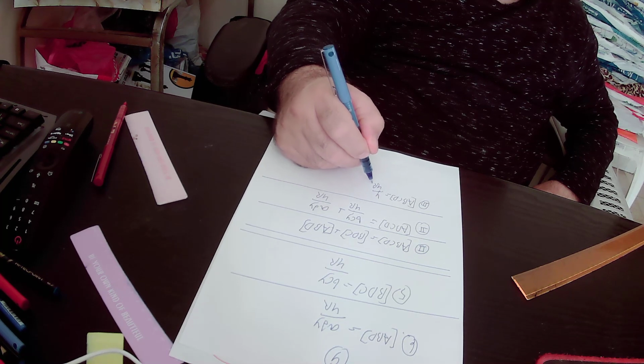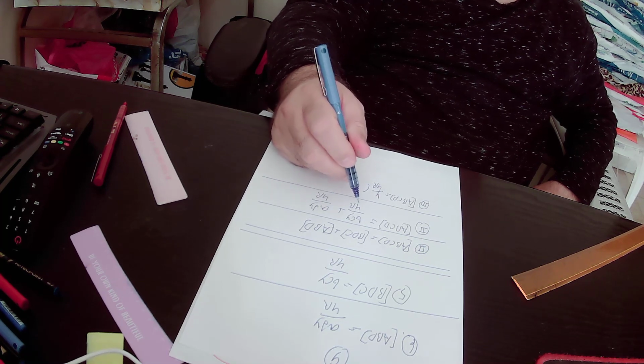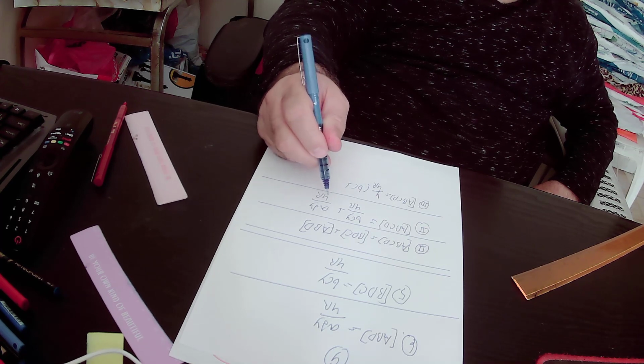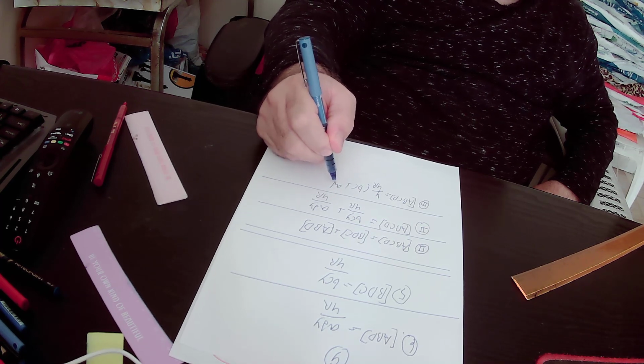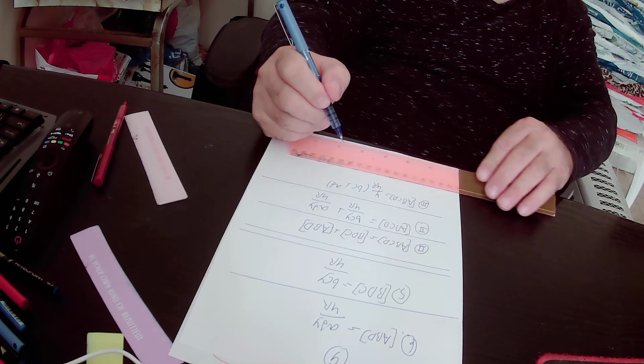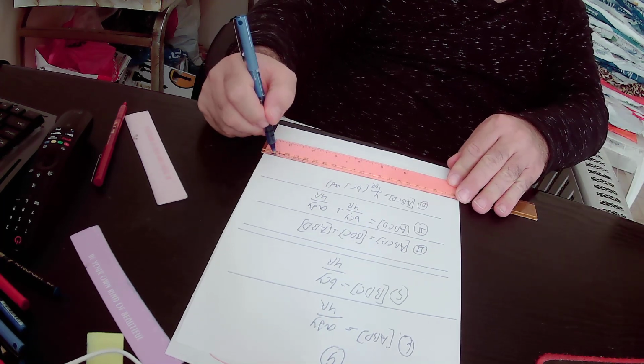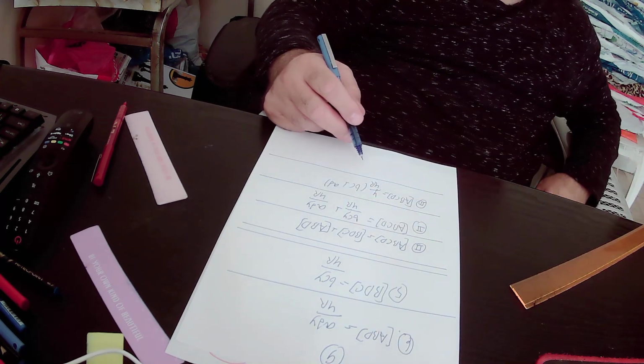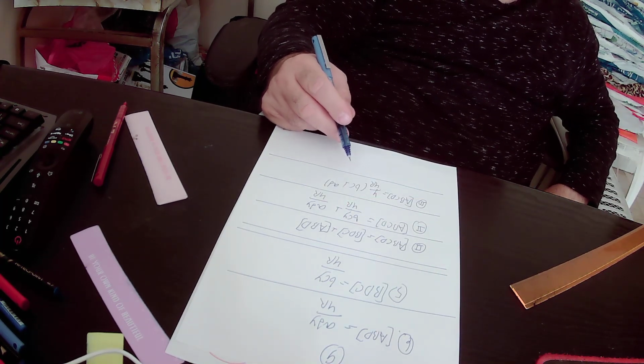What is left inside the brackets is BC and AD. So the area of quadrilateral ABCD according to equation number 2 equals y over 4R times BC plus AD.